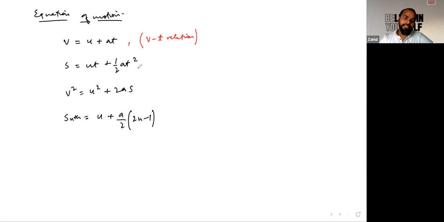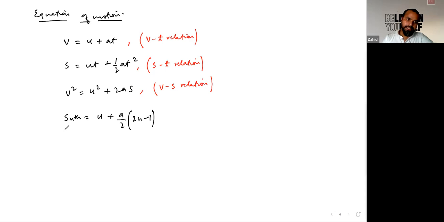In the second, initial velocity in most cases would be zero, so we're left with just displacement and time; it is called the displacement-time relation. The third is velocity and displacement, so it is called the velocity-displacement relation.